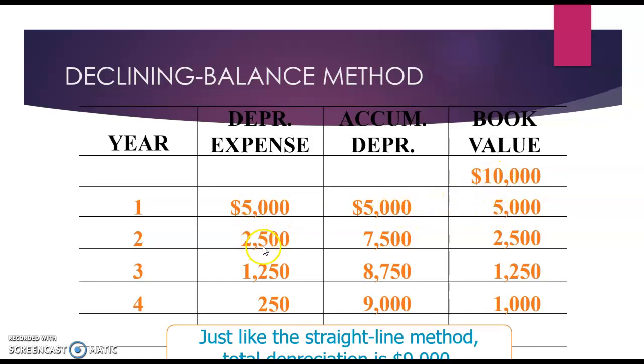Second year we took 2,500, that plus 5,000 is 7,500. 10,000 minus 7,500 is our 2,500 book value at the end of year 2. Year 3 we calculated out 1,250, that plus 7,500 is 8,750. Total accumulated depreciation by the end of year 3, 10,000 minus 8,750 is 1,250 at the end of year 3.